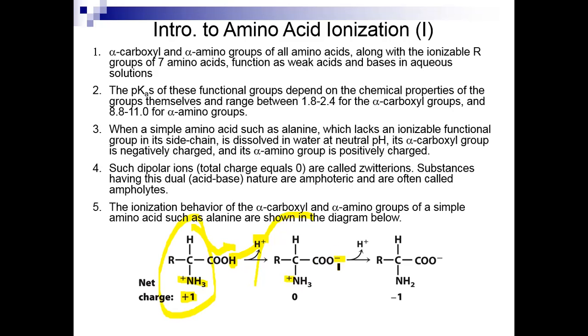They will cancel out the effect of each other, so the net charge on the molecule will become equal to zero. This type of ion, having both a negative and a positive charge in the same molecule with a net charge of zero, is called a zwitterion.